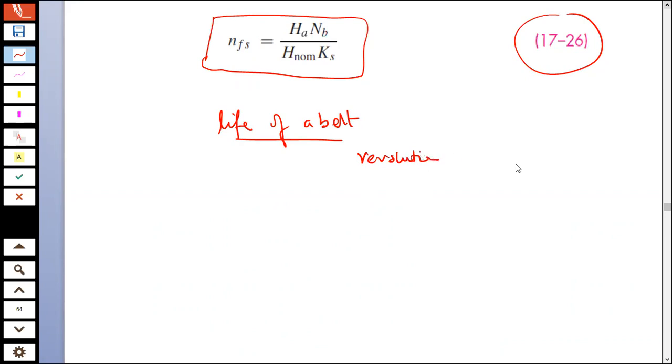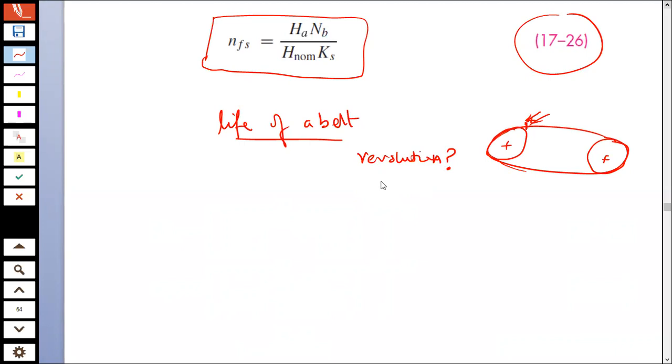For example, there is a belt over here, which is between these two pulleys, and you start from here, note this point, and this point goes and comes back to this point. That is one revolution, right? So how many revolutions will it do? That is one of the counts.